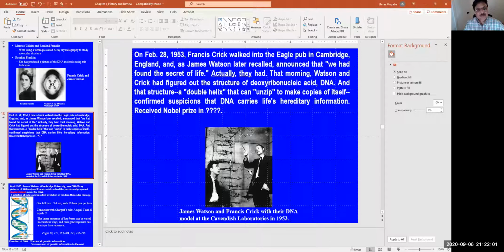What was her contribution? Based upon X-ray crystals of DNA, she could propose that the two DNA strands are connected by hydrogen bonds. That's how we see that A with T has two hydrogen bonds, G with C has triple hydrogen bonds, right?